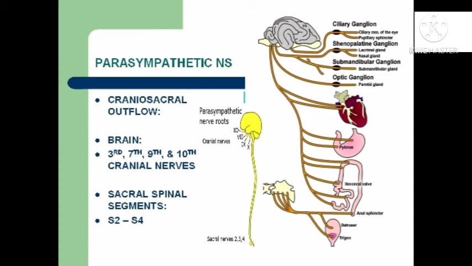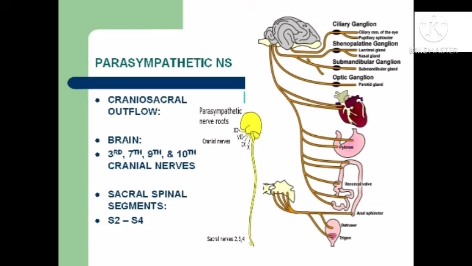The 3rd, 7th, and 9th cranial nerves, their fibers go to the ciliary, sphenopalatine, submandibular, and otic ganglion successively, and supply the head region and the oral region.